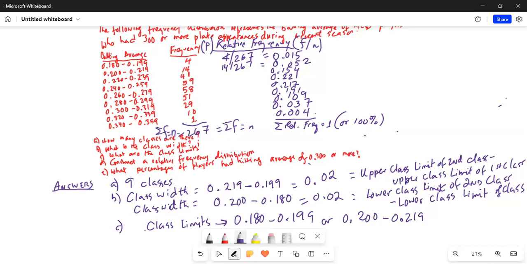Part E, what percentage of players had a batting average of 0.3 or more? We are going to add the relative frequencies of the last three classes.